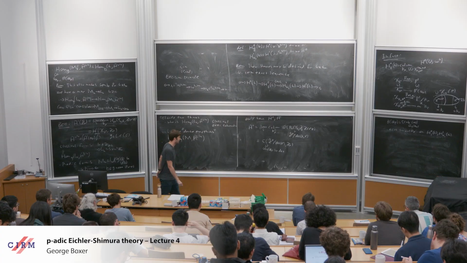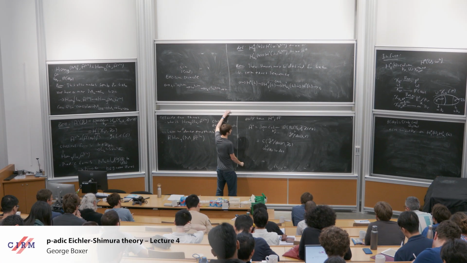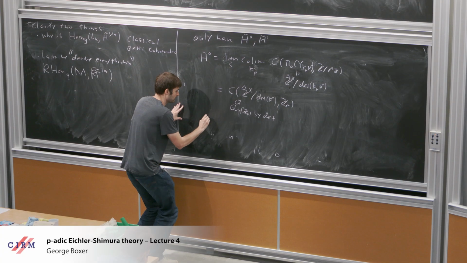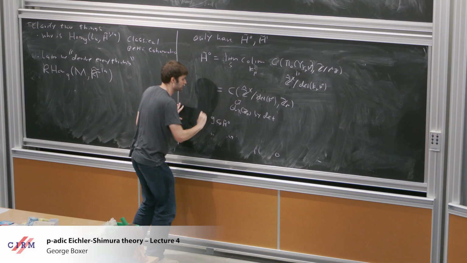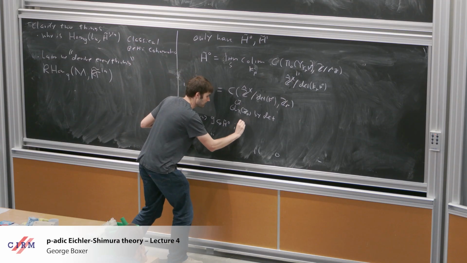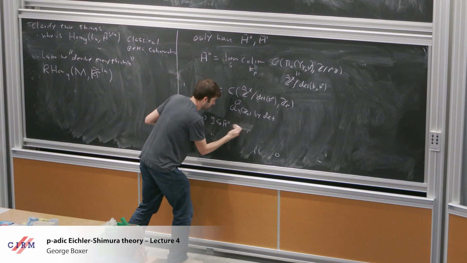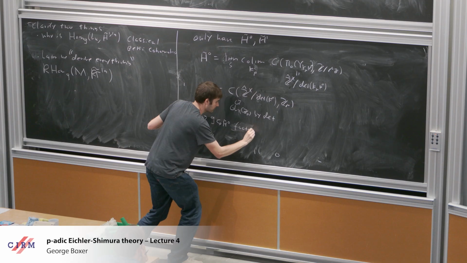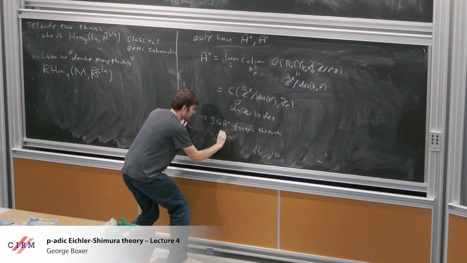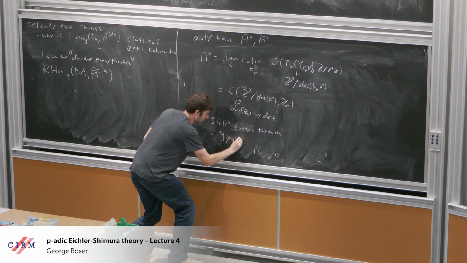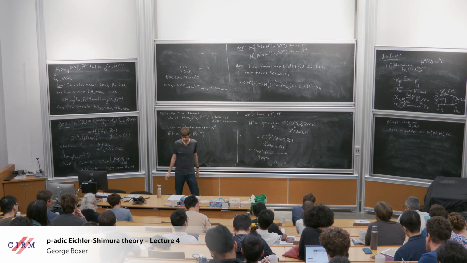Okay? And so that means that the action of the Lie algebra of G factors through G modulo the derived group.